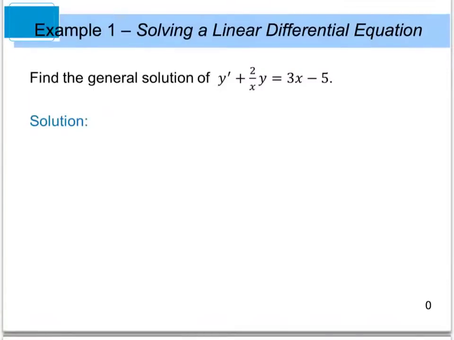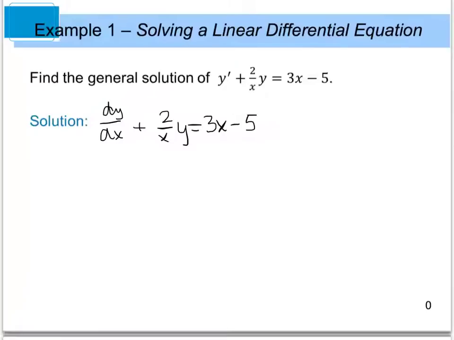For example 1, we want to find the general solution of y prime plus 2 divided by x times y equals 3x minus 5. The first thing I'm going to do is rewrite my y prime as dy/dx plus 2 divided by x times y equals 3x minus 5. And as we mentioned on the previous slide, our goal is to write this in standard form so that we can identify our p of x and q of x.